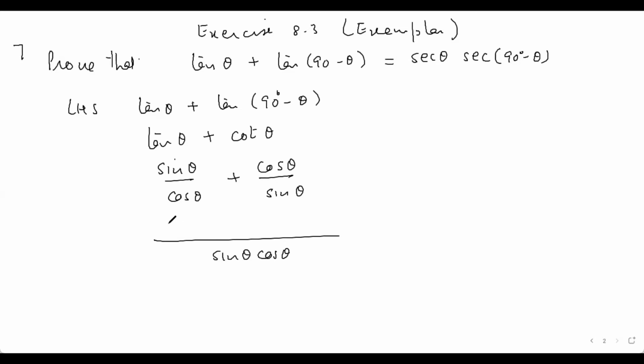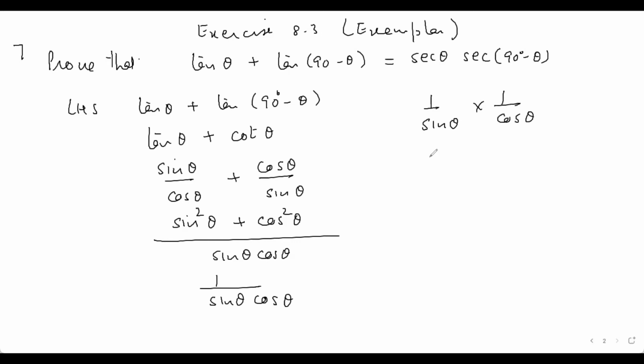In the numerator, I'll have sin square theta plus cos square theta. This is equal to 1 over sin theta cos theta, which is 1 over sin theta into 1 over cos theta. It means this is equal to cosec theta and this is equal to sec theta.